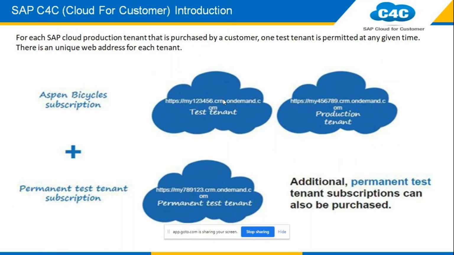If you see a URL with HTTPS, the S means it's secured. This URL has a 6-digit unique identification number, 1 2 3 4 5 6. Whenever a client requests a tenant or a URL, SAP provides a URL with a unique identification number, and that number is different for different clients.